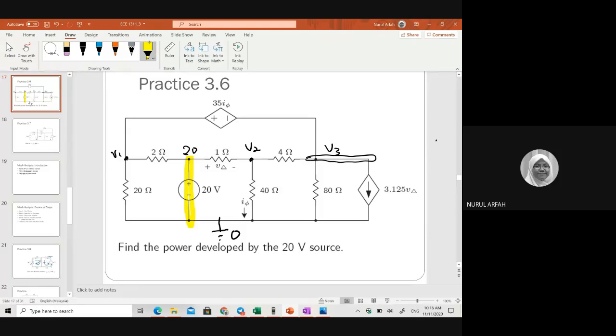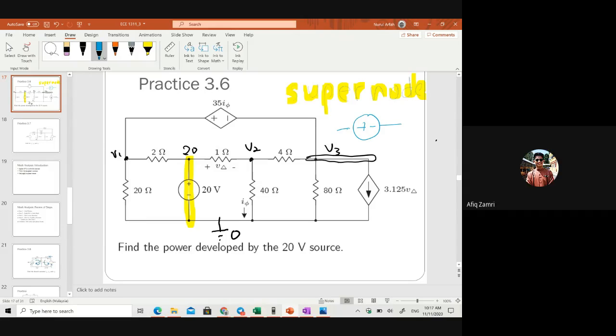What should we check if you want to have a super node? Super node. What should we check? Two different variables. Come again, Aisha? Two unknown, voltage source and two unknown.